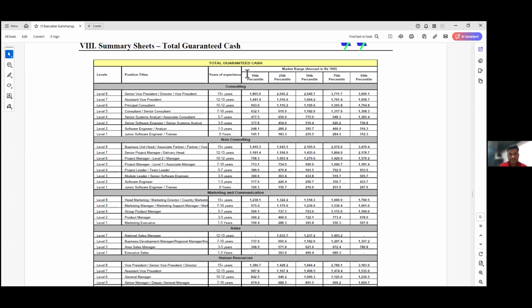Because if they have taken X number of components, but I do not actually take some of those components, then there will again be a variation, a differential. So ensure that when you say total guaranteed cash, the components or elements of that total guaranteed cash are similar to mine, same as mine, equal to mine. Okay, that's the first thing.